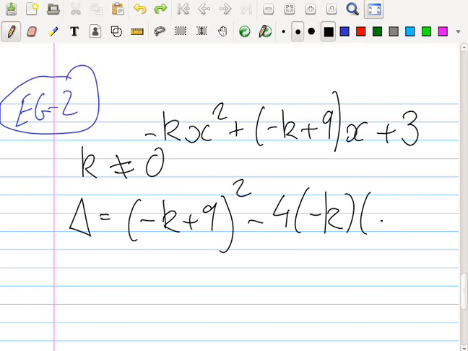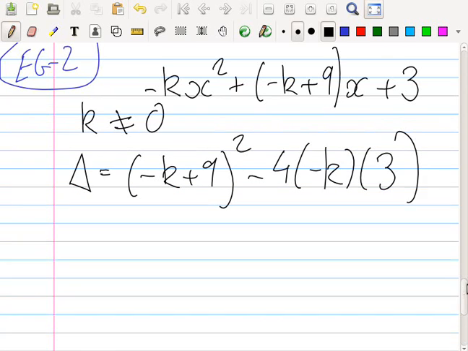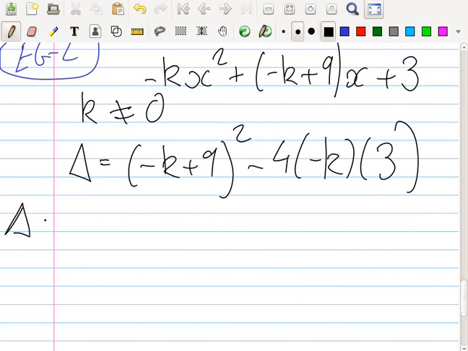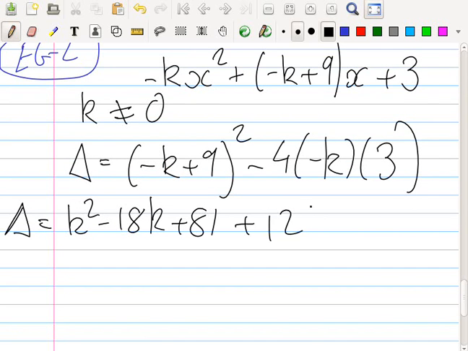Right, so if I square this out, I get k squared minus 18k plus 81 plus 12k, which equals k squared minus 18k plus 12k, which is k squared minus 6k plus 81.